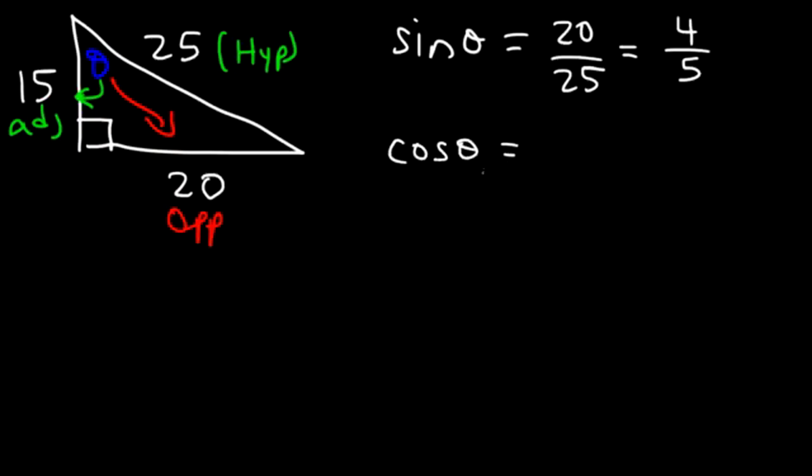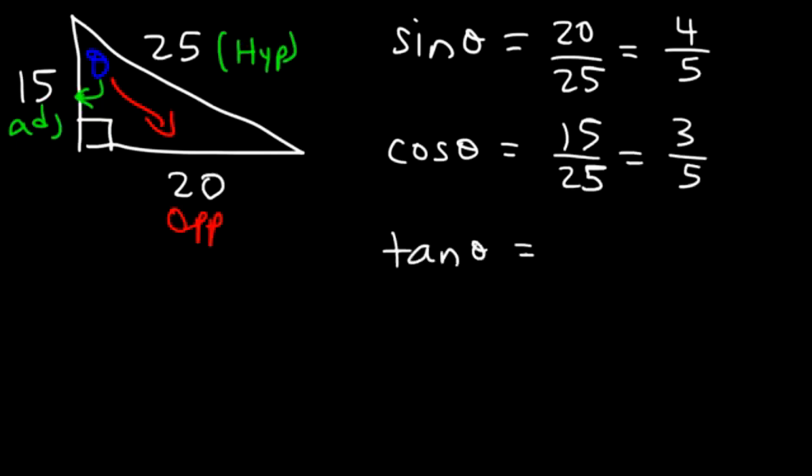Cosine theta is adjacent over hypotenuse, so that's 15 divided by 25, which reduces to 3 divided by 5. Tangent theta is opposite over adjacent, so 20 over 15, which becomes, if you divide by 5, 4 over 3.